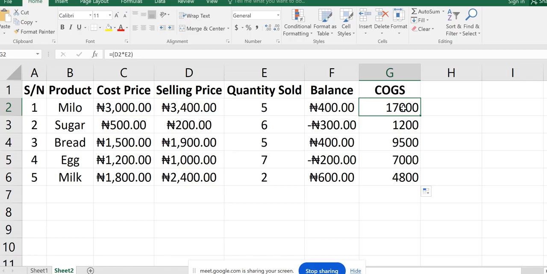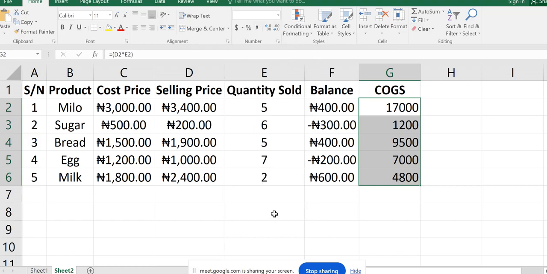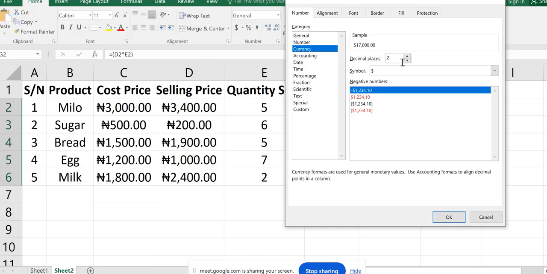You highlight everything. After that, under General, you click on more number formats. The next one, currency.